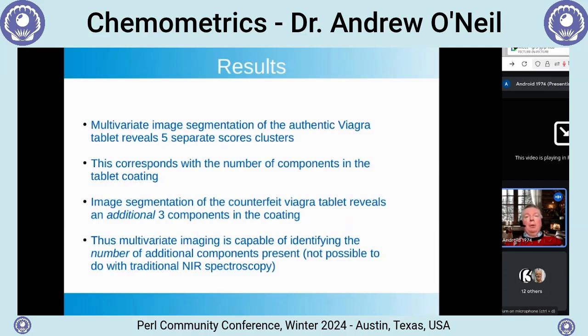That corresponded correctly with the total number of components that are actually in the tablet coating. But image segmentation of the counterfeit Viagra version revealed an additional 3 components in the coating, and therefore multivariate imaging is capable of identifying the number of additional components present. And it's not necessarily possible to do that with just traditional spectroscopy, so it's quite useful.